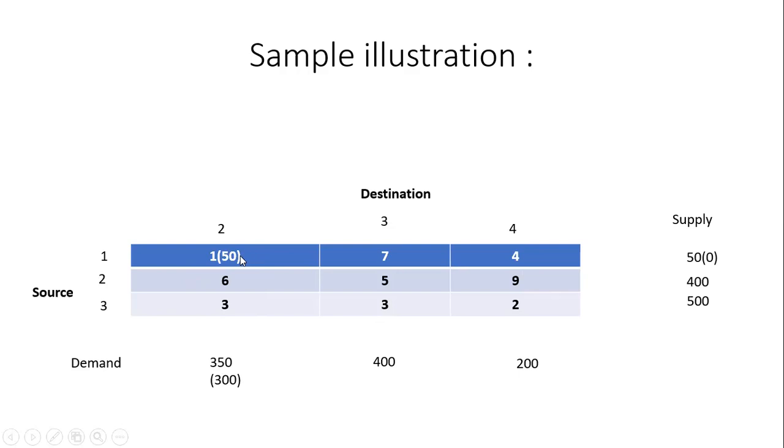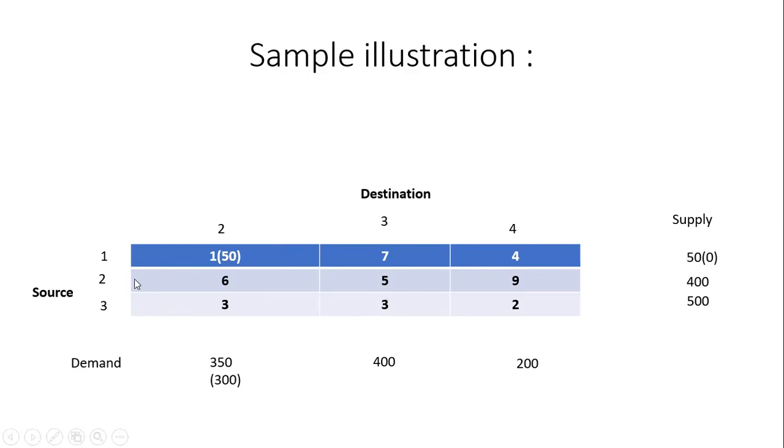So hence allot 50 units into the cell 1 comma 2 and subtract the same value from demand and supply. So 350 minus 50, 300 is the required demand and this supply is considered to be 0. 50 minus 50, 0. So totally eliminate row 1. So here the supply is completely matched.